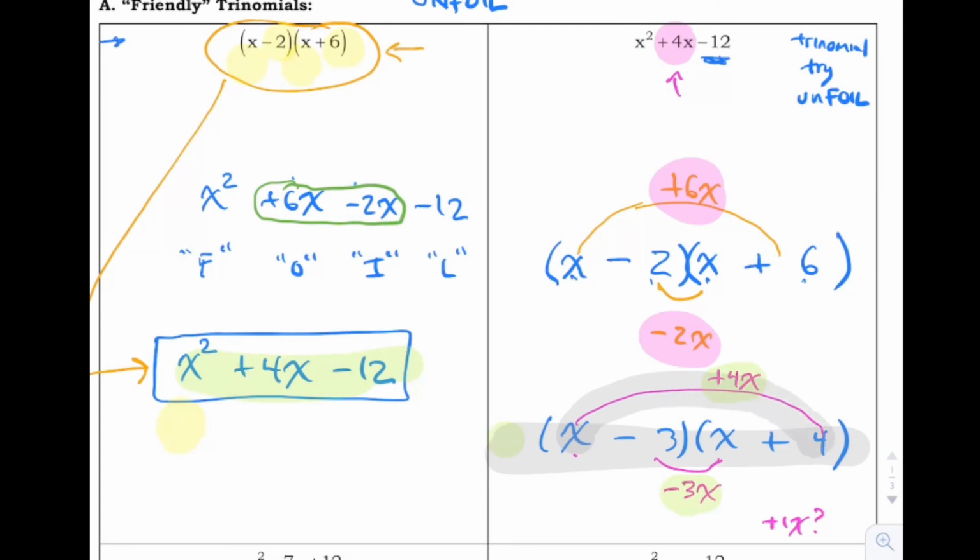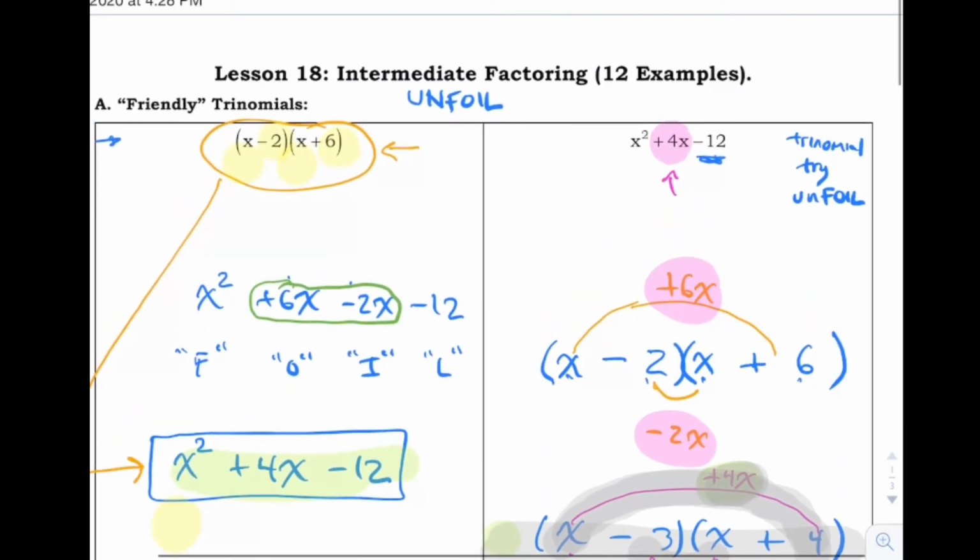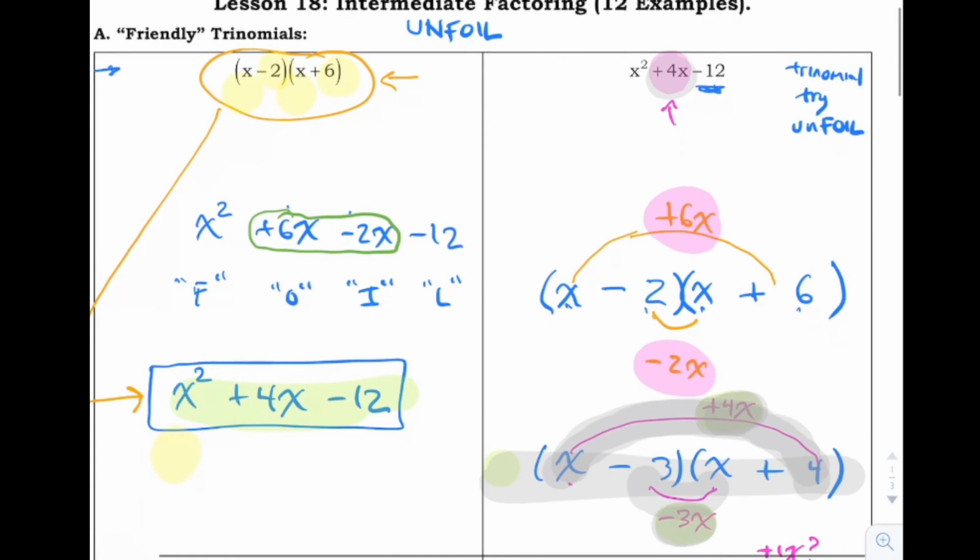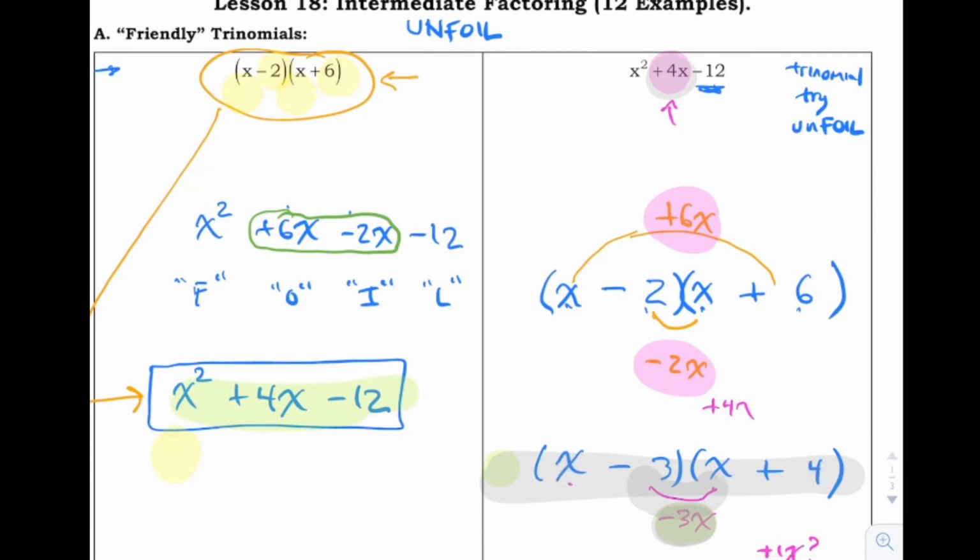You have to check that this outside product, x times 4, gives you the 4x, and this inner product, negative 3 times x, gives you the negative 3x. Does the plus 4x and the minus 3x give me the plus 4x? No, it doesn't. And because it doesn't, I'm just not going to do it that way.